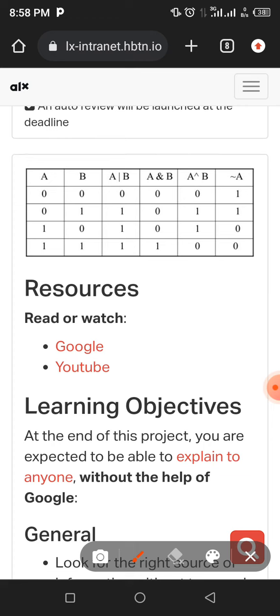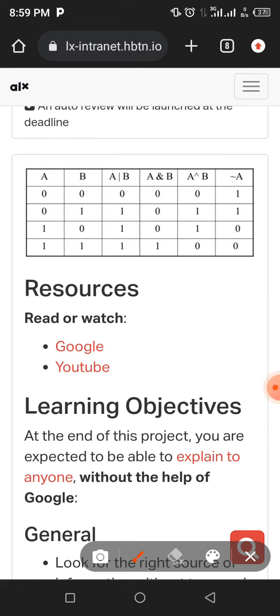Or probably both of you might have the pen, so both Taye and Kehinde can enter. But in a situation whereby none of you has a pen, it is not possible for you to enter the examination hall. So that's what the OR gate is for, and it's represented with this sign. I hope you guys understand that. The next one we're going to be talking about is the AND gate.